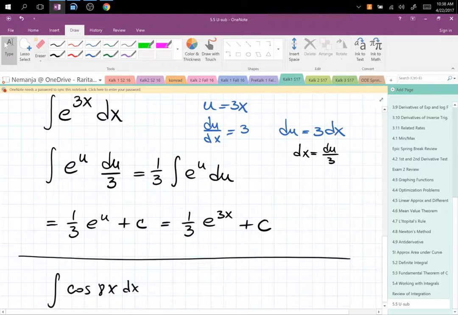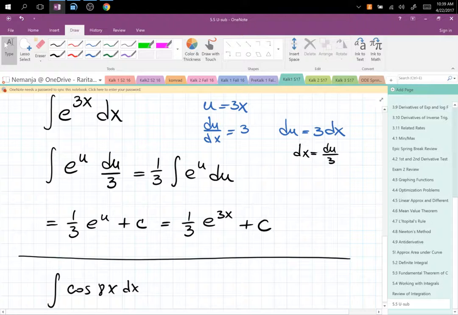How come on the first one you didn't change e to any value? Because you didn't write it down.